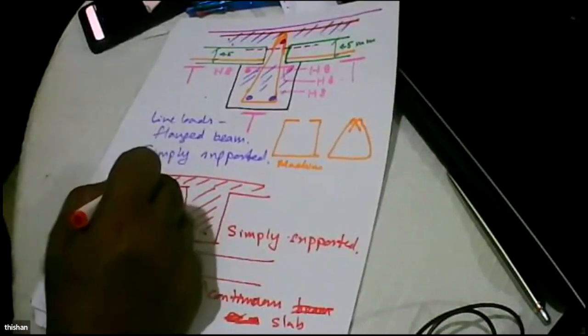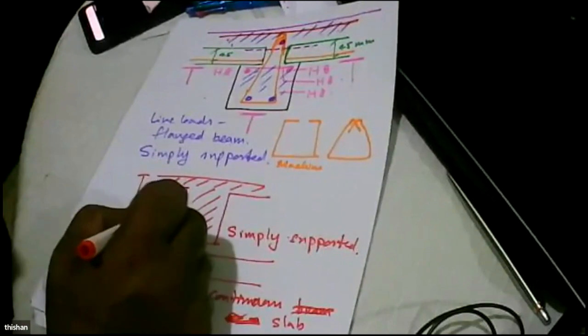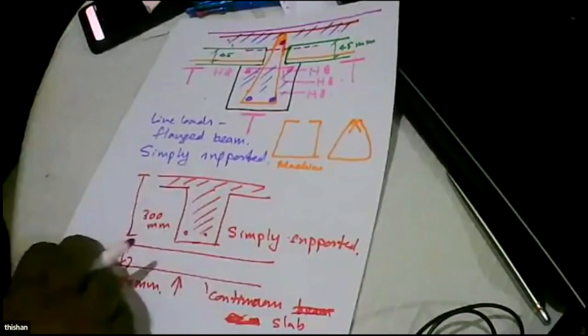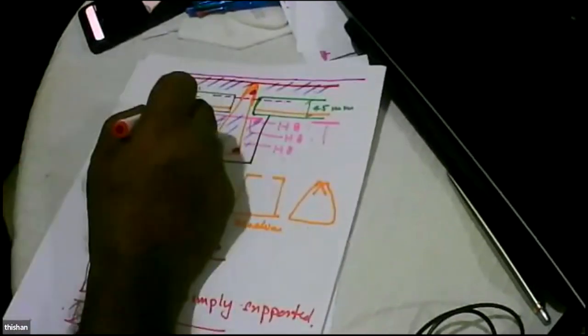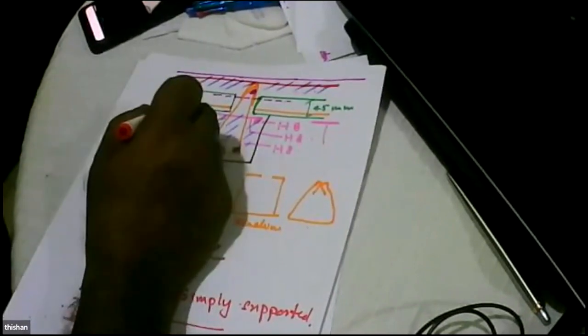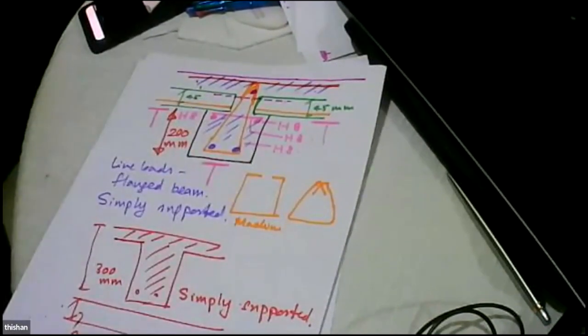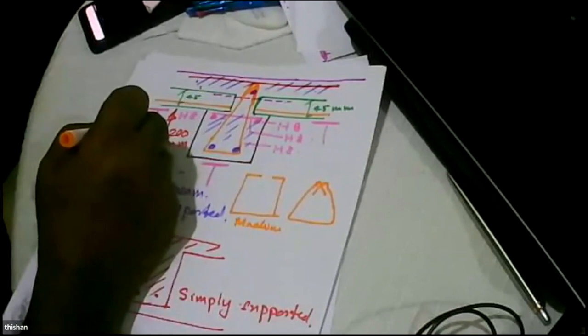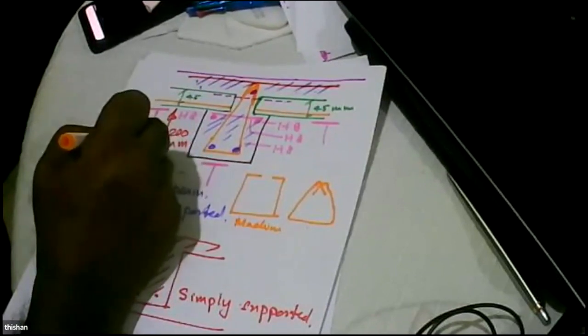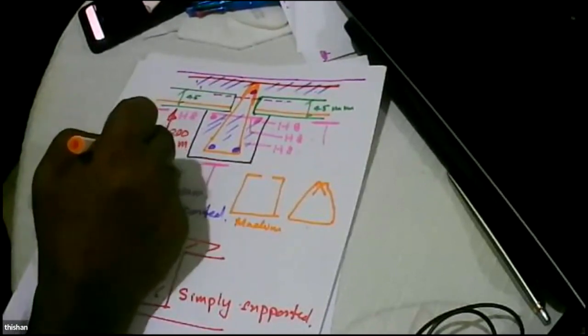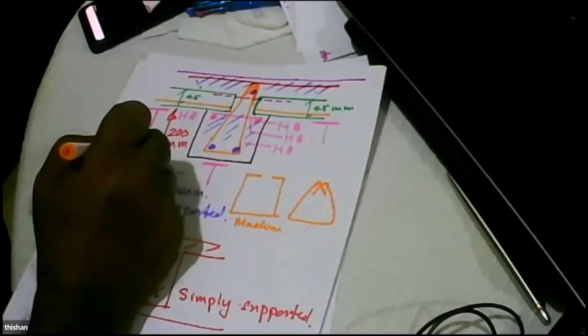So this can be about 300 millimeters. Why? Because the minimum size that we cast this beam is 200 millimeters, but depending on the span, it can go up to about 300 or even 400 when you have a slab spanning of about 6 meters.